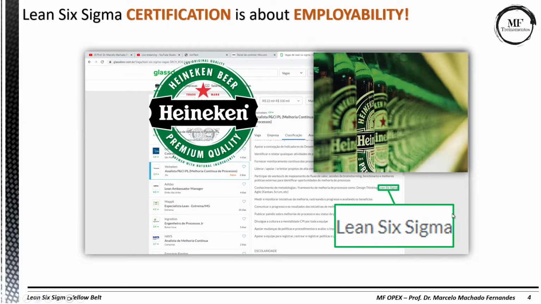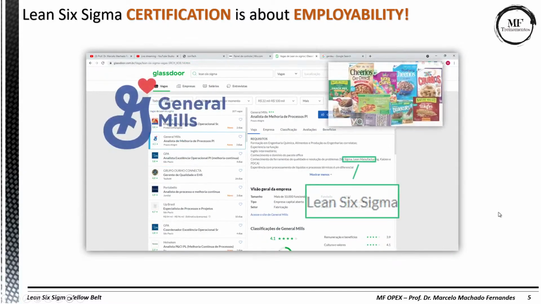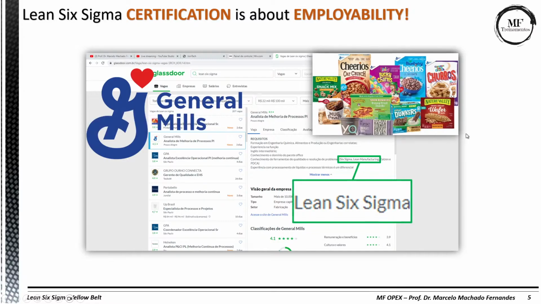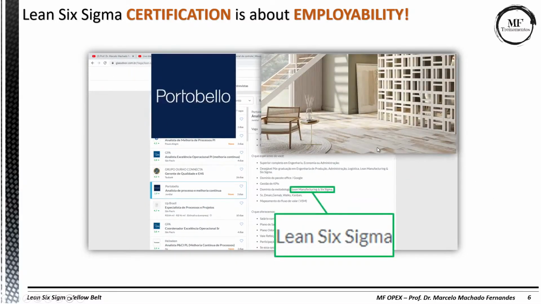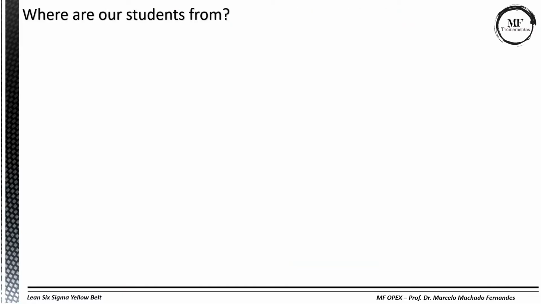They are looking for professionals that know about Lean Six Sigma. General Mills, I'm talking about cereal bars, cereals, yogurt. Portobello Construction, they are also looking for professionals that know about Lean Six Sigma. So it is something that will definitely impact your professional career.